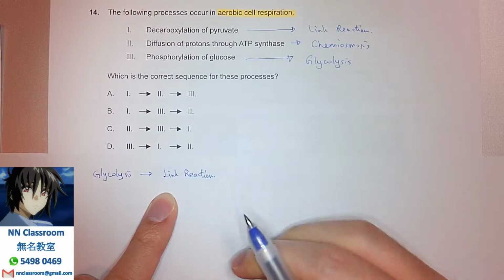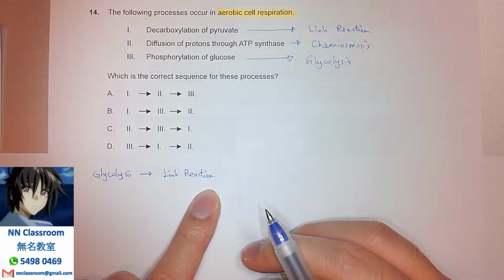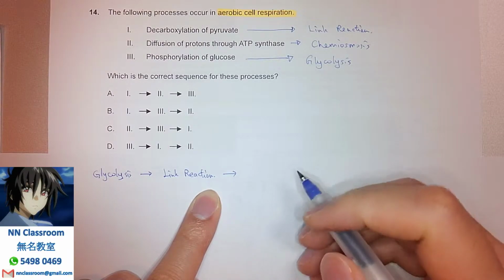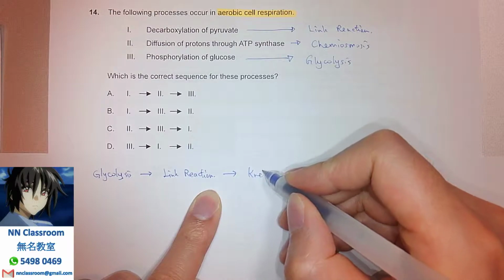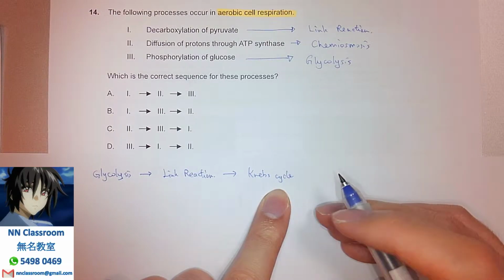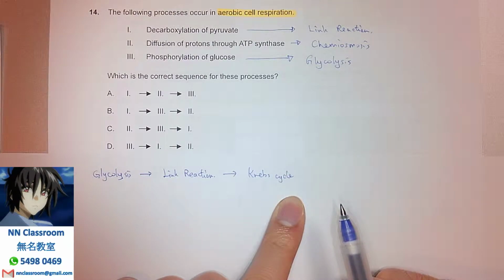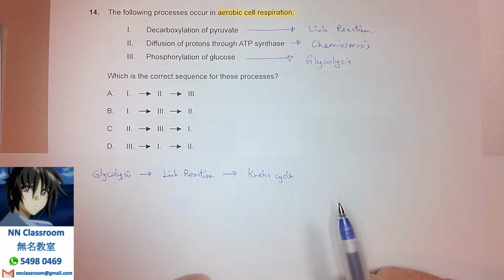Or the so-called oxidative decarboxylation. Afterwards, acetyl coenzyme A is generated. It will go through a really important cycle, the Krebs cycle, right? After the Krebs cycle, or after all this process, quite a lot of intermediates are generated, including NADH and FADH2.